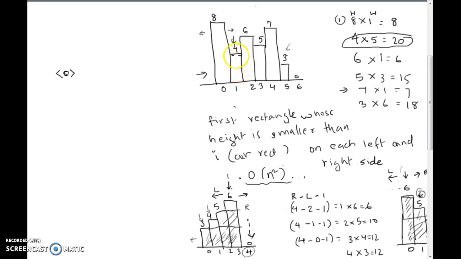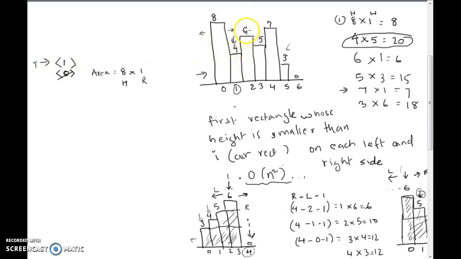So we use 1 here, which is our right limit, and we calculate the area. The area for this is 8 times 1, which is the right limit. This is the height. And then we pop that out of the stack. Then we push the current element, which is index 1, on top of the stack. So this is the top right now. And then we proceed from there.